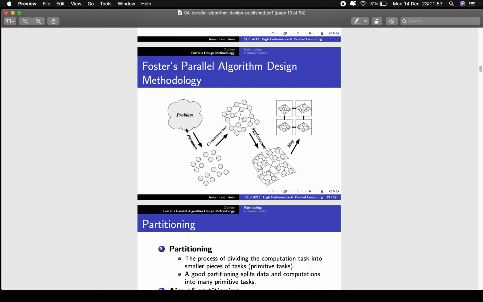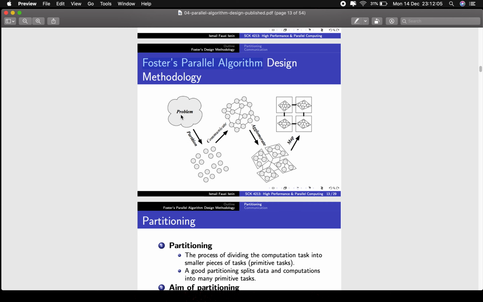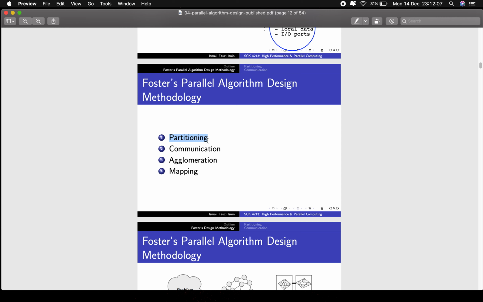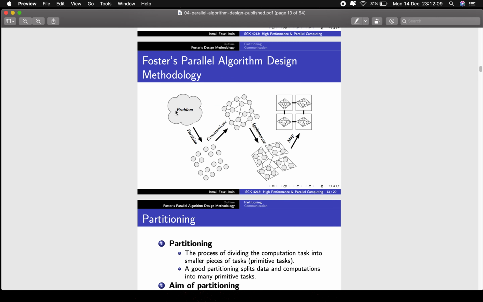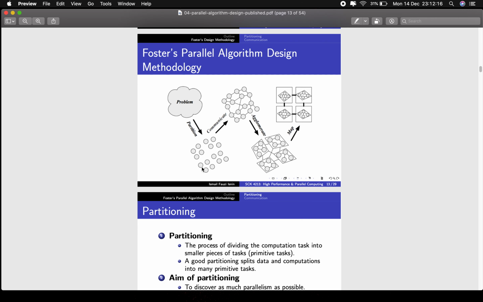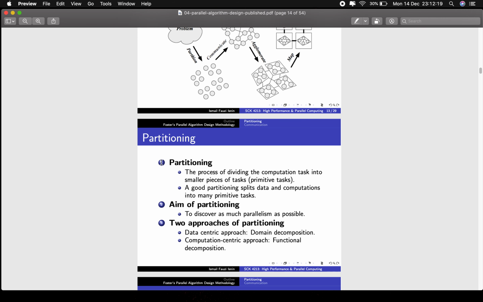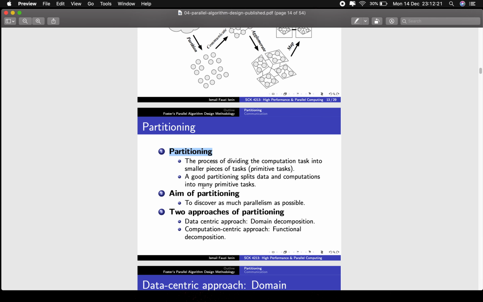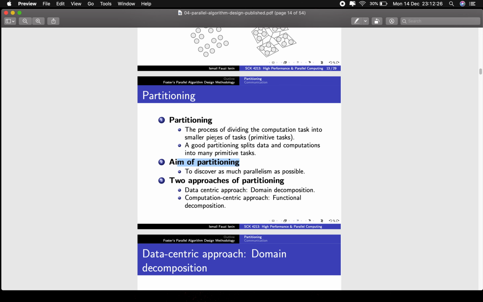If you look into this under the Foster parallel algorithm design, you are still in the partitioning step or method. So you have not even touched communication, agglomeration and mapping yet. Under this partitioning, you have the objective, and then of course you have methods or approaches for this partitioning.